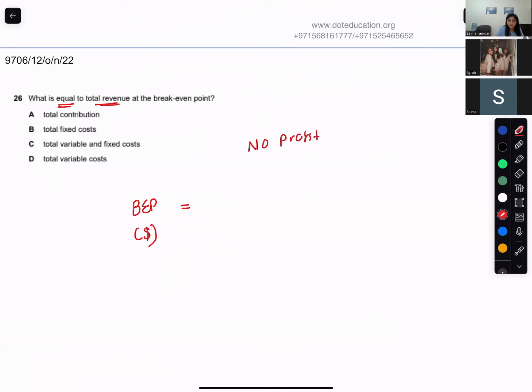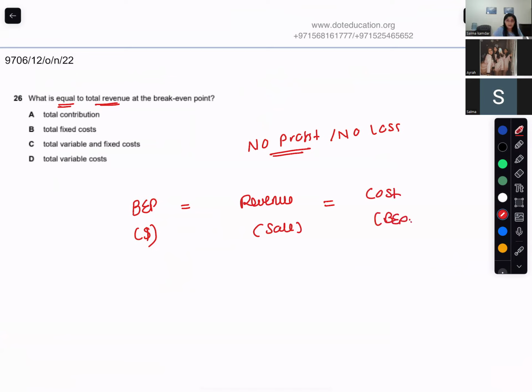So total revenue is equal to total cost. That means the revenue, the sales, will be equal to cost at break-even point. So which option you said? Total variable and fixed cost.